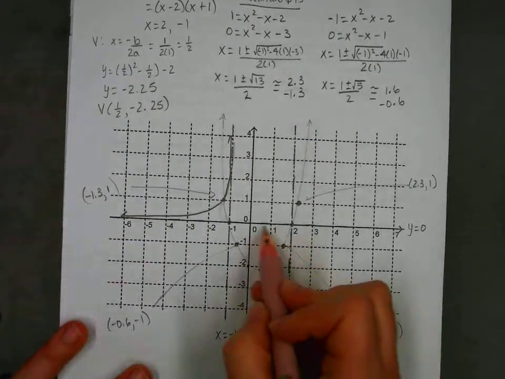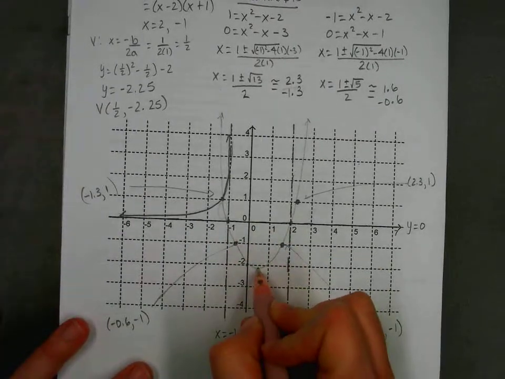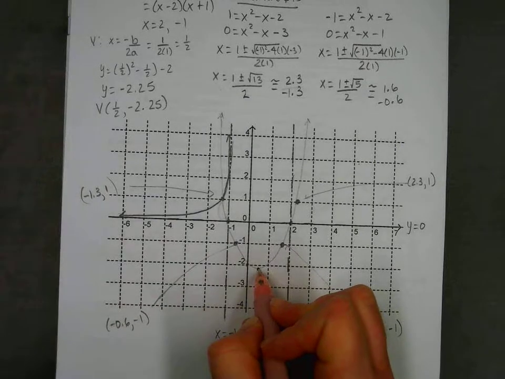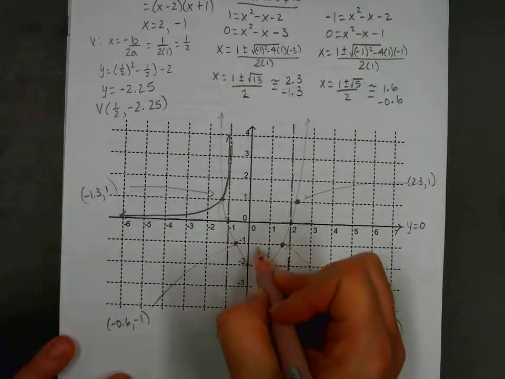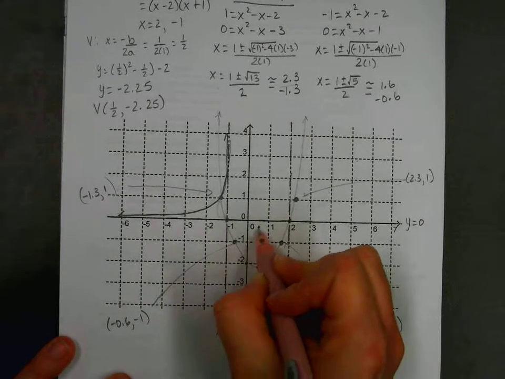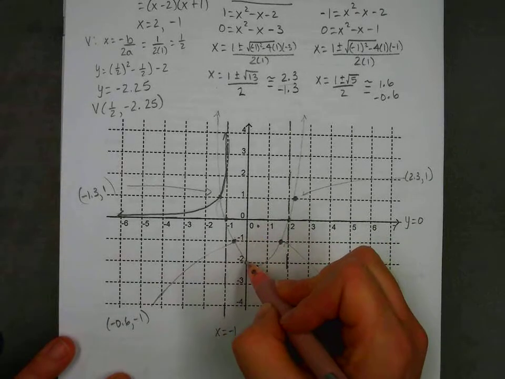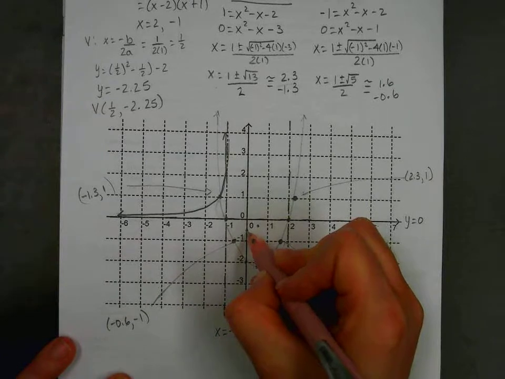Okay, same thing with this portion of our graph. Technically, this vertex at -2.25, when you reciprocate that, becomes approximately -0.44. So this vertex is now here. This y-intercept of -2 should now be -1/2.